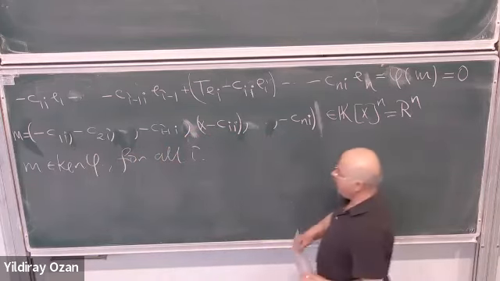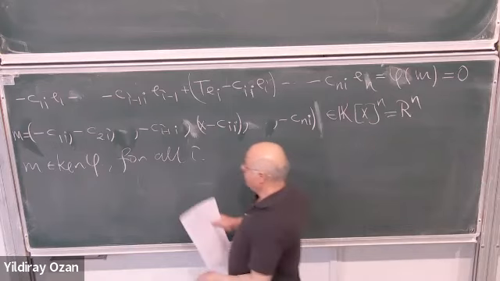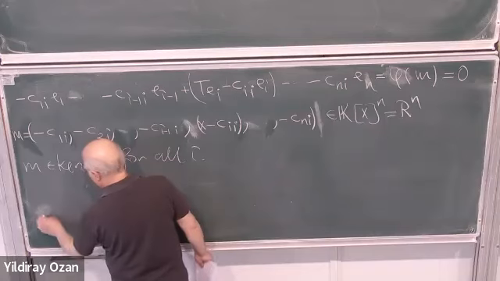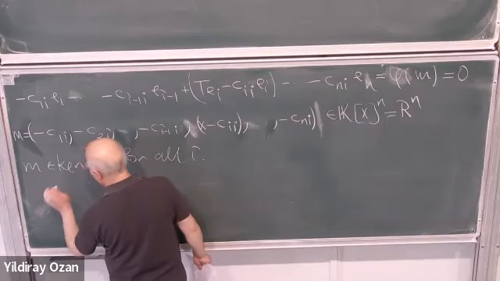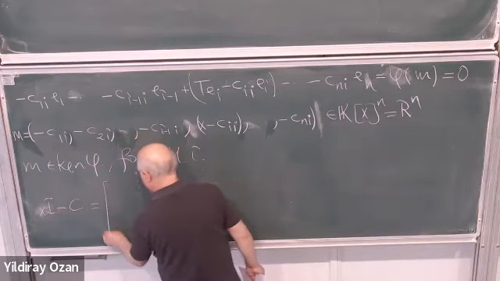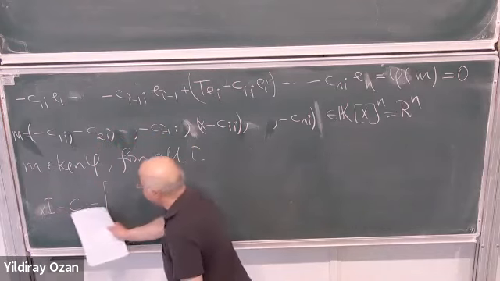And then what we have seen is the following. These are nothing but columns of the following matrix xi minus c. So what is this? X times identity minus c.